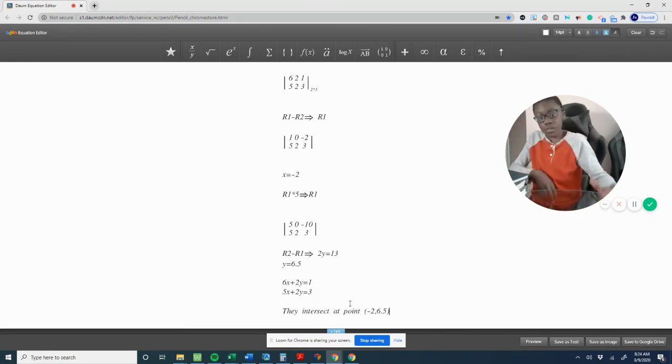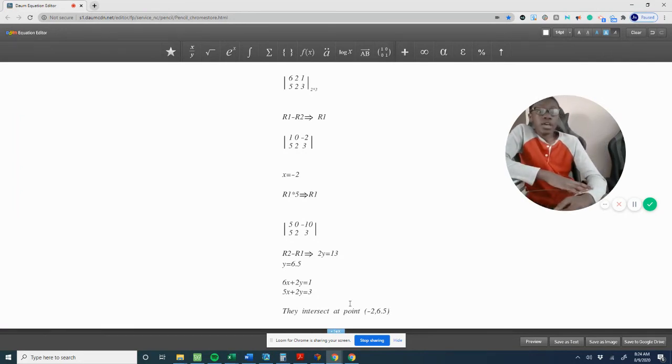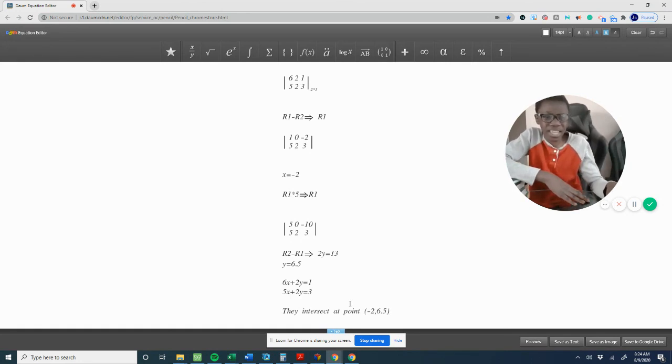We used a matrix instead of working it out with the equations. So this is how you can solve these equations using a matrix rather than other alternative methods. Next video, we are doing determinants, getting into that algebra 2 stuff, and algebra 1.